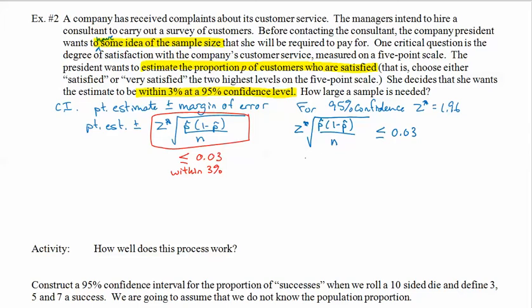So I'm going to multiply both sides by the square root of n, which leaves the critical value times the square root of p hat times 1 minus p hat is less than or equal to 0.03 square root of n, and then divide by 0.03 and square everything.